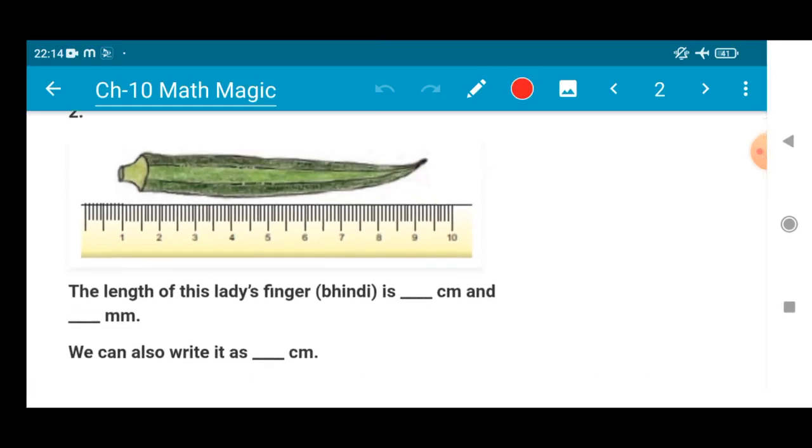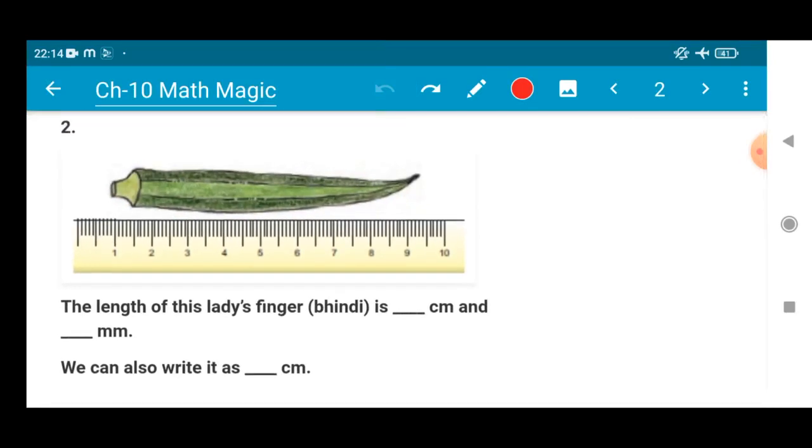The length of this lady finger, bhindi, which we call in our Hindi language, is dash centimeter and dash millimeter. So let us start counting. Till here it is 1 centimeter, 2, 3, 4, 5, 6, 7 and 8.